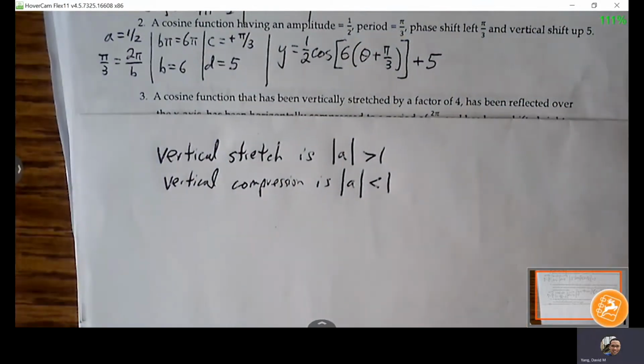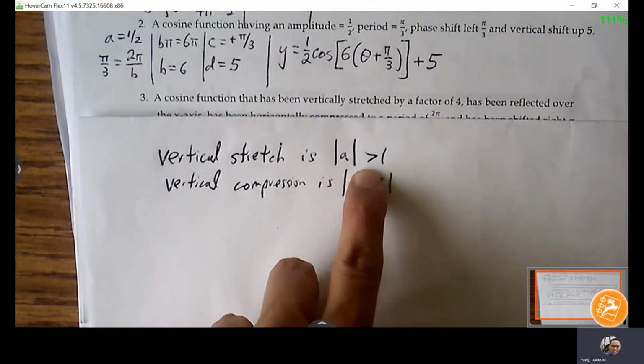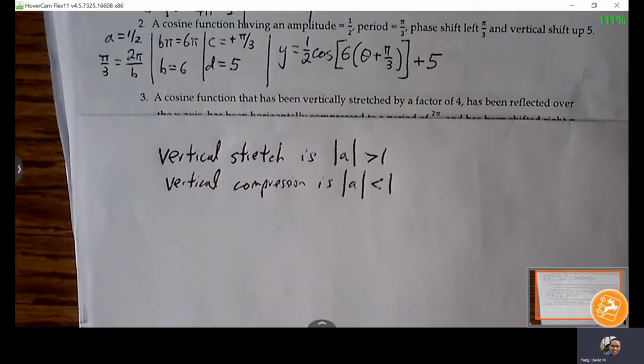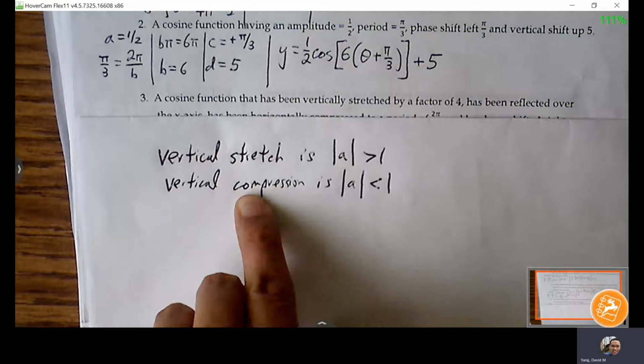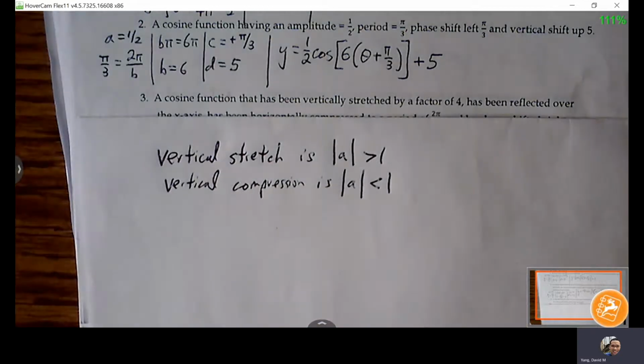Okay, so that's what vertical compression and vertical stretch is. Vertical stretch just means that your amplitude is more than 1, which is going to cause your graph to look like it's vertically stretched out. If your A value or the absolute value of A value is less than 1, if it's like 2/3 or 1/3, that means you can imagine that your amplitude is not going to go as high as the original graph. So that's a vertical compression.